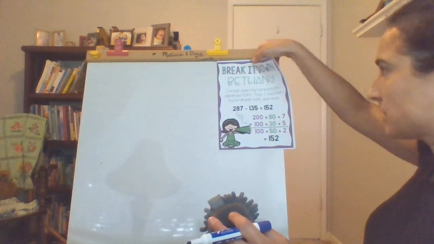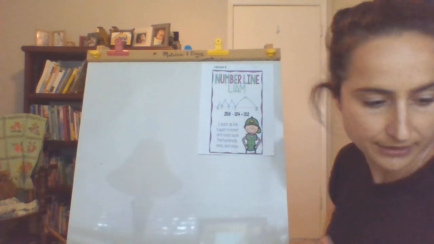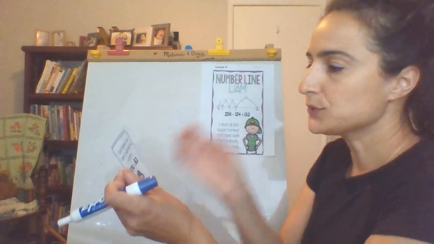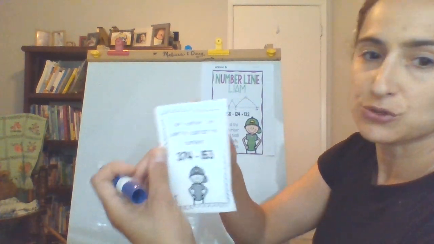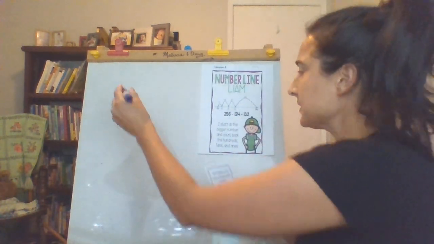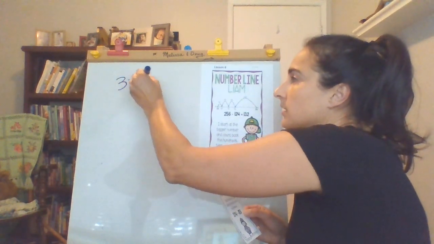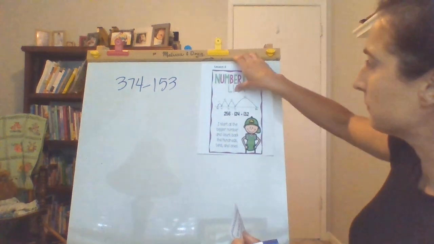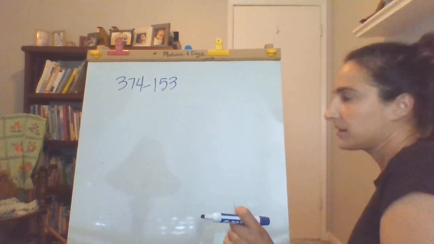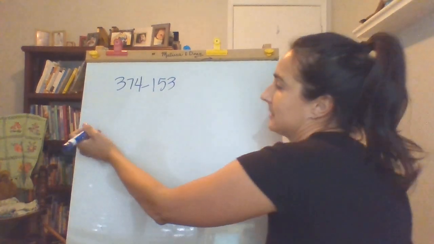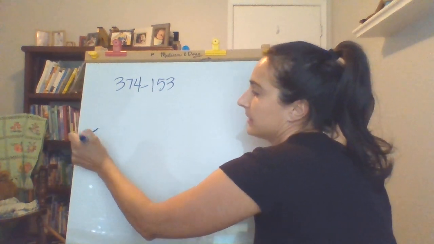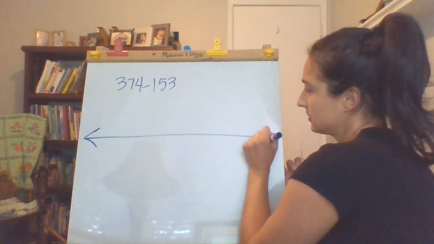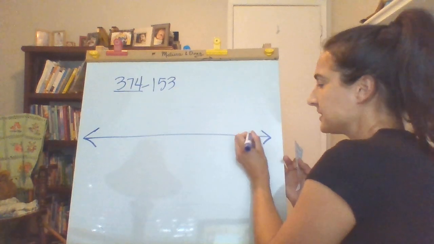Now we're going to go to number line Liam for our last problem here. Use number line Liam to subtract the numbers: 374 minus 153. All right, Liam, sorry, you've got to go so I can have space. Let's do my number line, and we're going to start at 374.